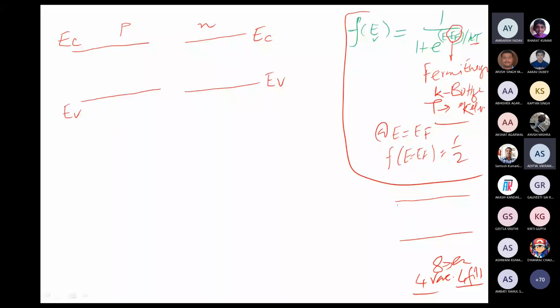This case is generally shown by putting the Fermi energy in the middle, and this is more generally called the intrinsic Fermi energy, EI. So this is just in the middle, that is, Eg by 2 above and Eg by 2 below, where Eg is the energy band gap.